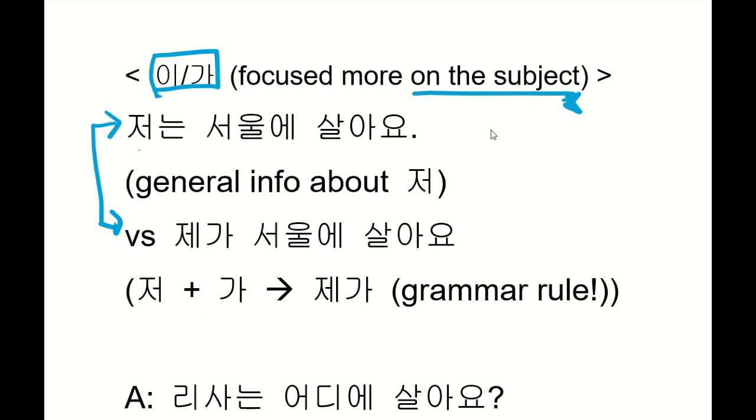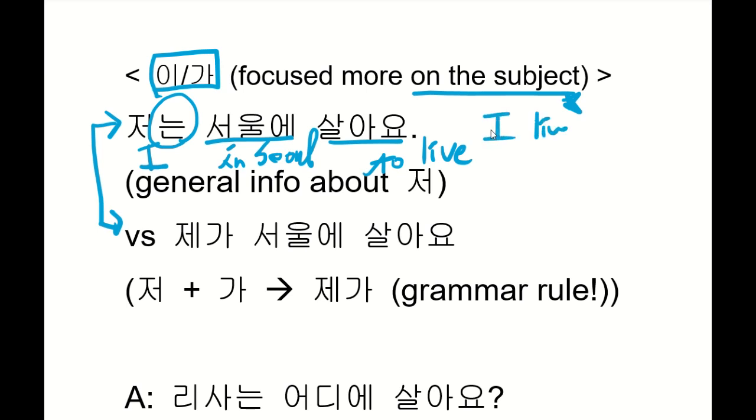So, 저는, I, 서울에, in Seoul, the capital of Korea, 살아요, to live. So I live in Seoul. We use 는 here because it's general information about me, where I am. It's like an introduction, right? I live in Seoul. I live in Korea, like that.